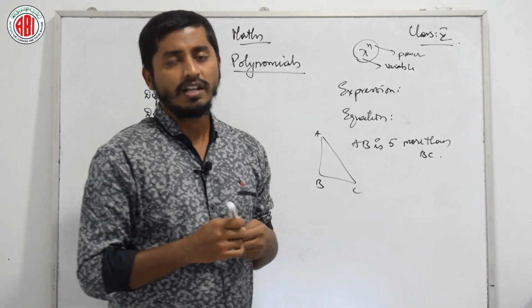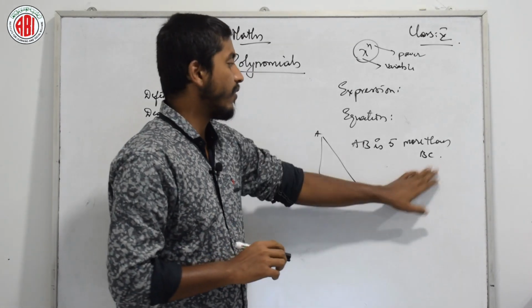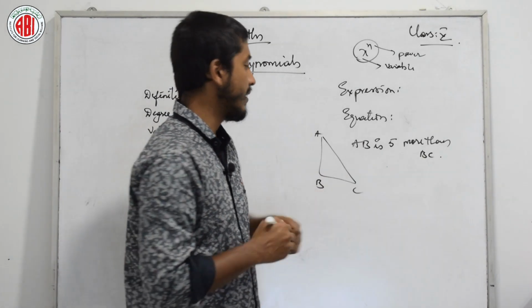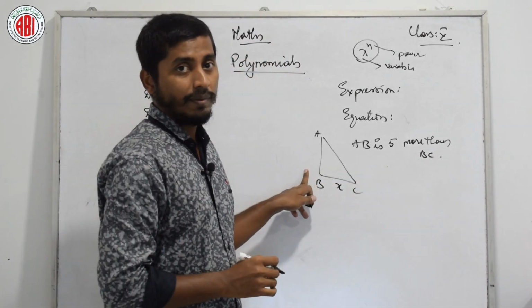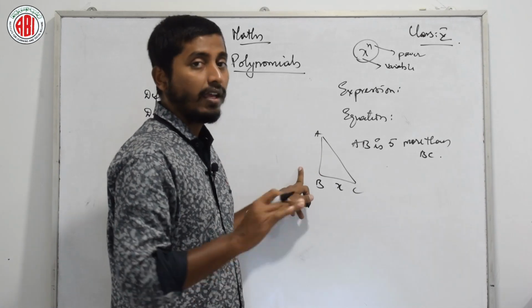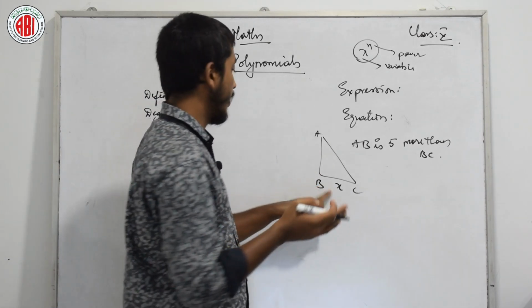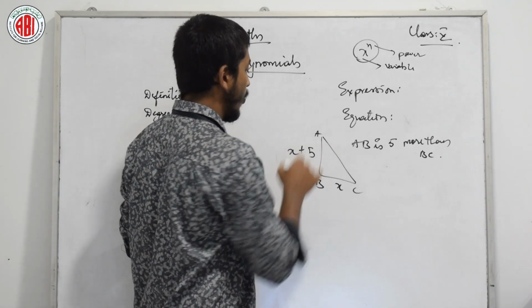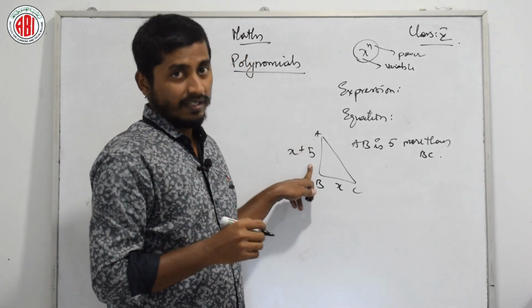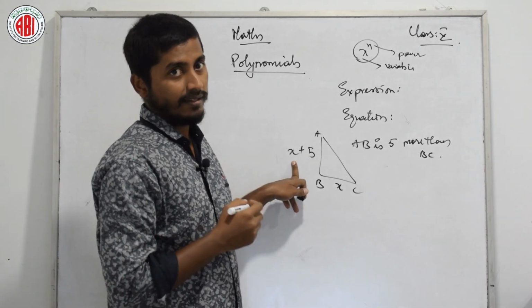How are we going to write this? We will assume BC as x. Then what does AB become? AB is 5 more than BC. If BC is x, then AB will be 5 more than x. This is how we used to write in our previous classes, right?